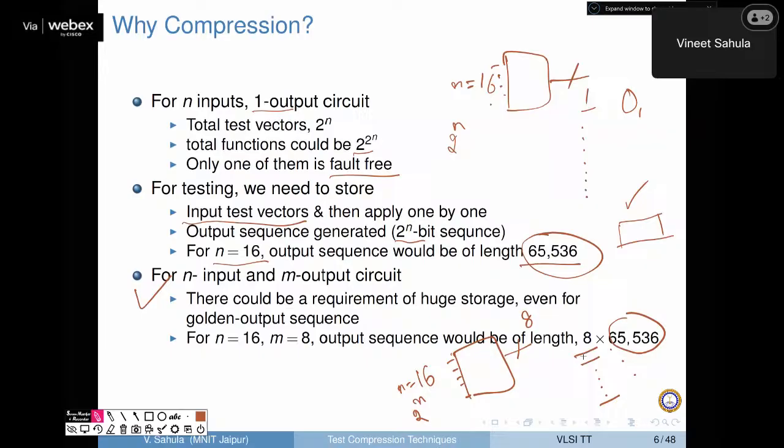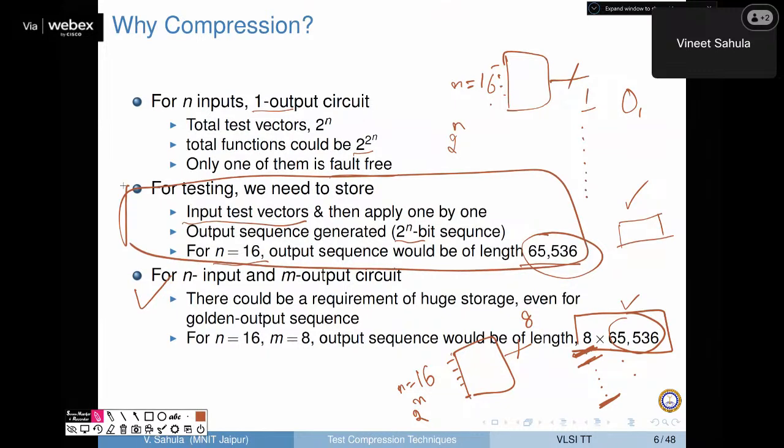For each pattern, we will get the 8-bit output. 8-bit output for one pattern application. Second input pattern, second output. And we have 8 into this. So now we need to compress this number of bits, 8 into 65,000. So whatever we study for 1-bit output compression can be later extended for m-output circuits, which we'll not discuss today. We'll discuss only the 1-bit output scenario, right?